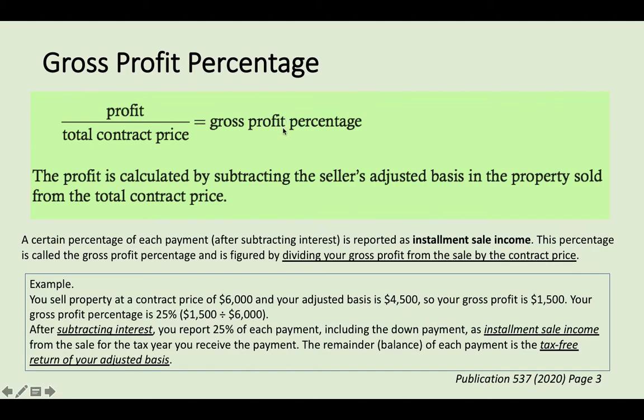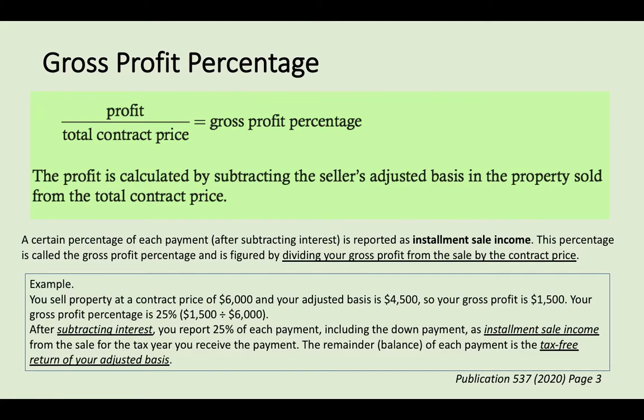This gross profit percentage is what you use to figure out how much of each installment payment you include in your capital gain and pay capital gain tax on. That's why you need the gross profit percentage.